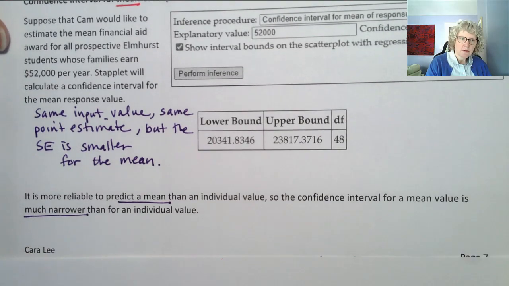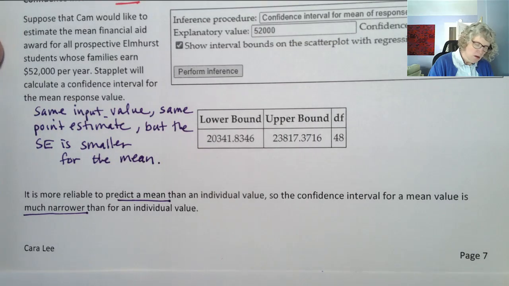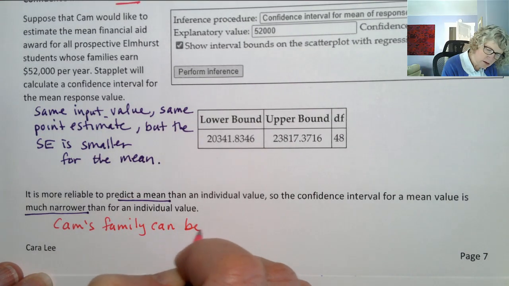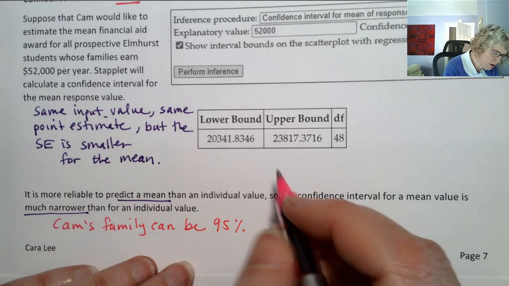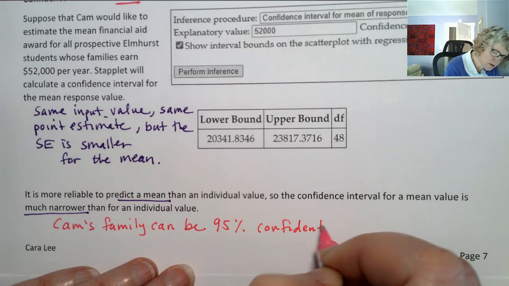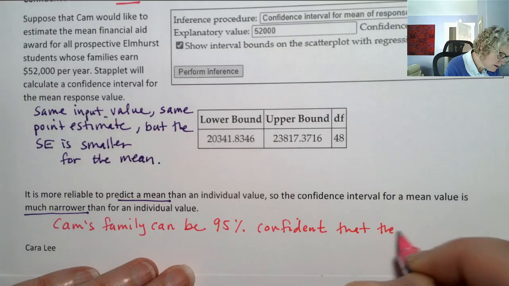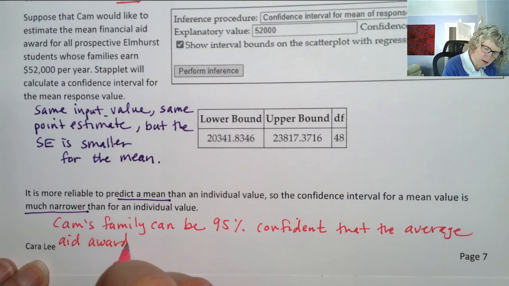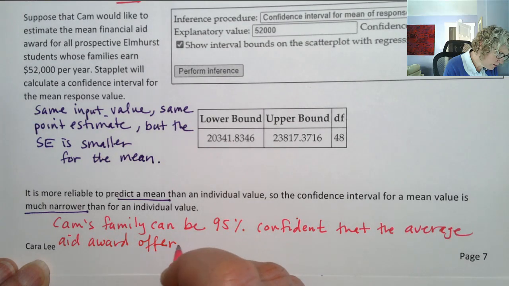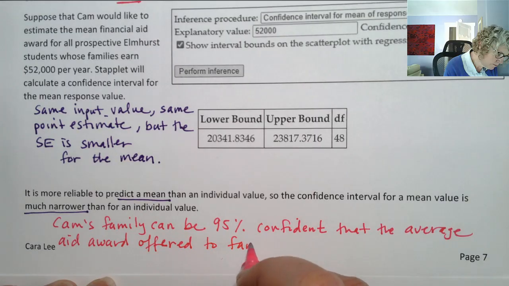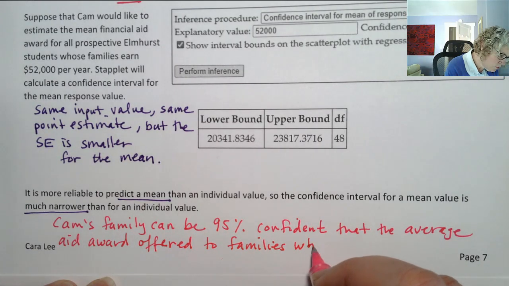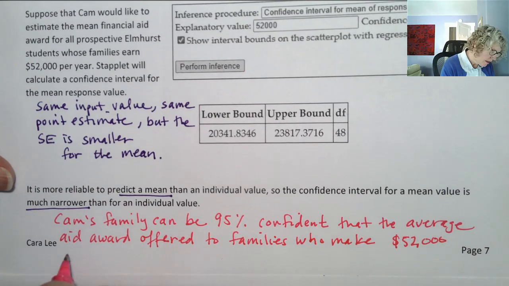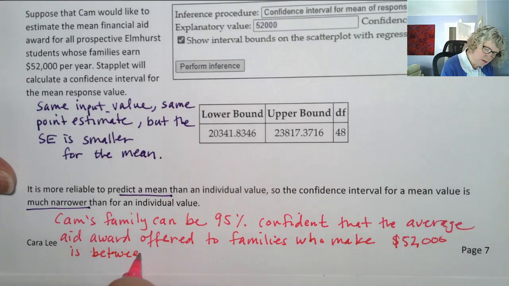So let's write out the interpretation for this one. And I could say Cam's family, or Cam or we can be 95% confident that the average aid award offered to families who make 52,000 is between, I've got our two numbers here.